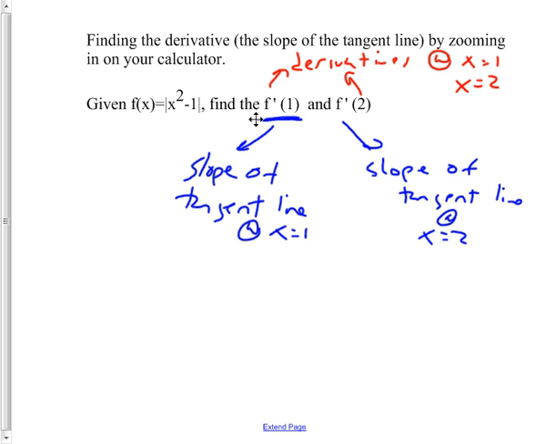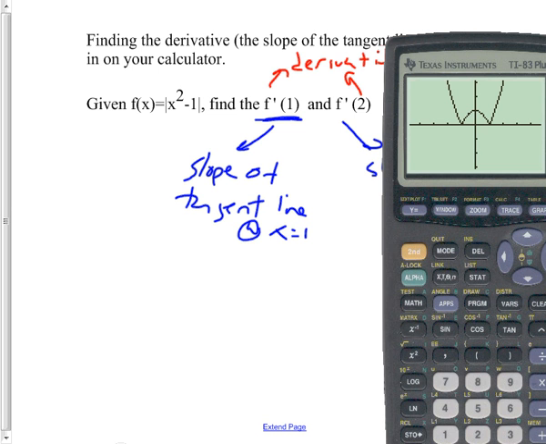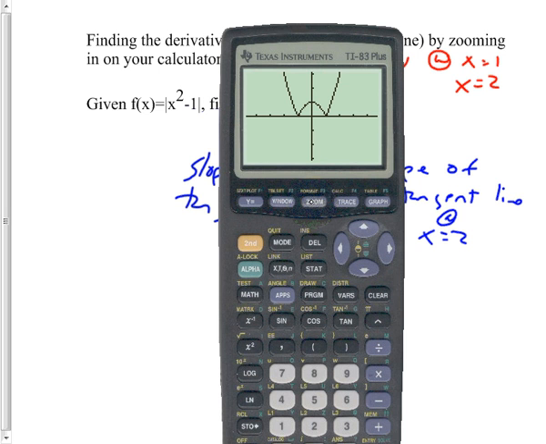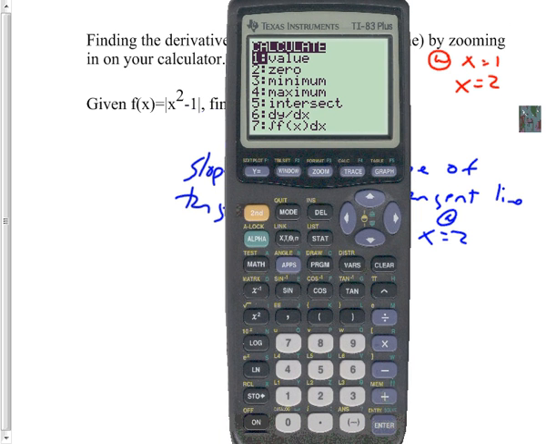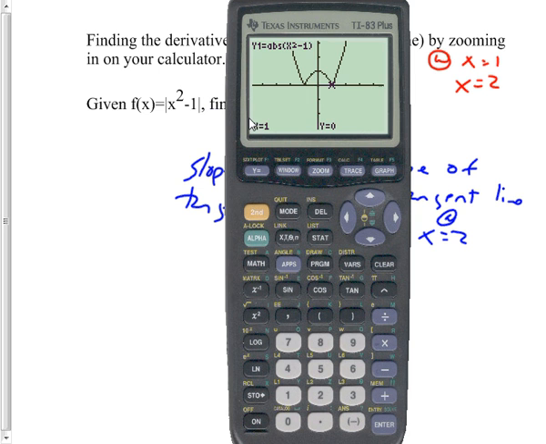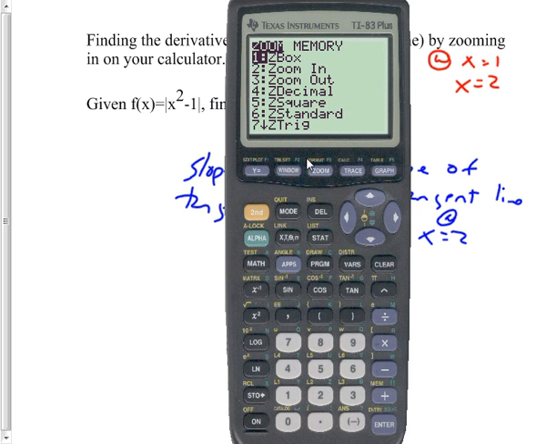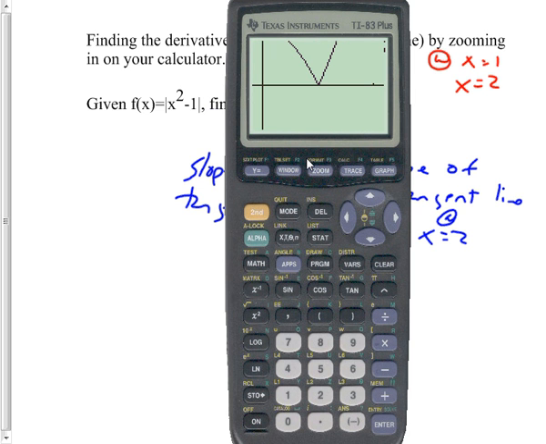Okay, so we need to do some zooming. If I want to zoom in at x equals 1, it might be even better to do a zoom box.